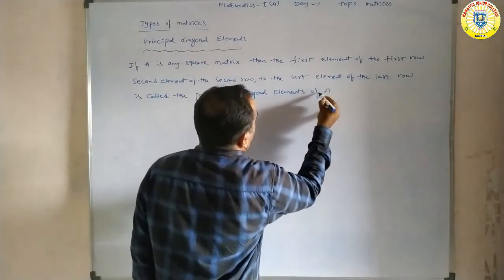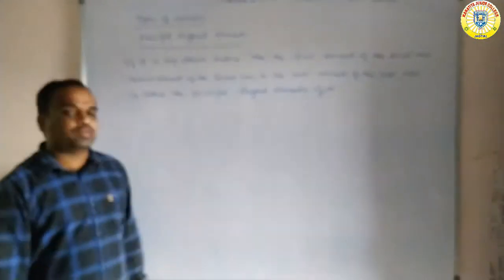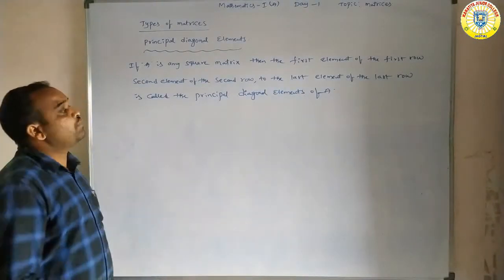These are the principal diagonal elements of capital A.